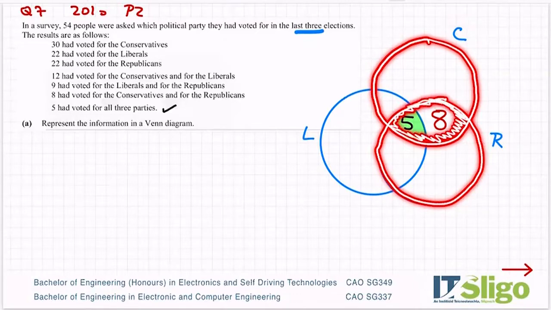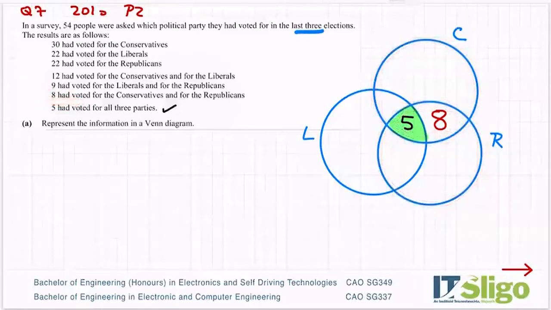Now my question to you is, is that 8 people or is it 13 people? The way I have it drawn here, 13 people have voted for the Conservatives and the Republicans, which is wrong because it should be 8. So instead of putting in that 8, we should have subtracted the 5 that was there already from it and just put 3 in there.